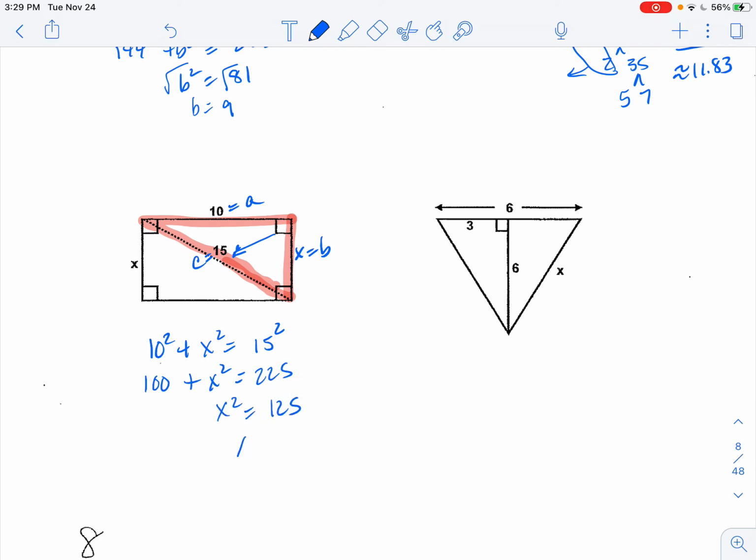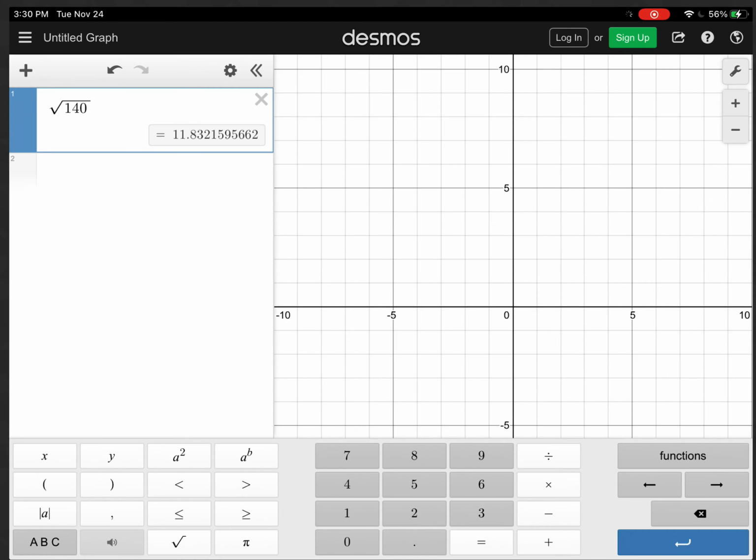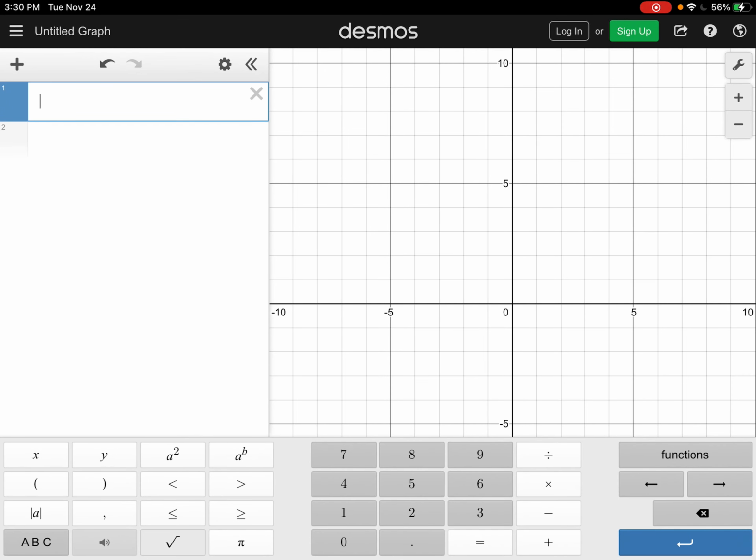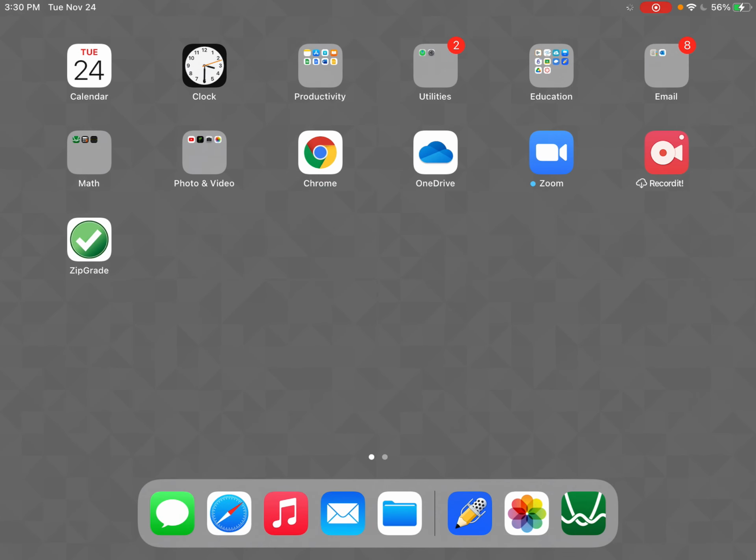So x squared is equal to 125. And so x is the square root of 125. I'm just going to go ahead and get an approximate. X is approximately square root of 125, 11.18.